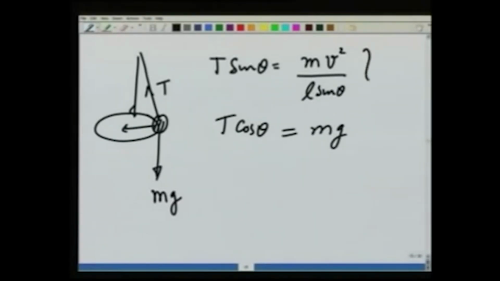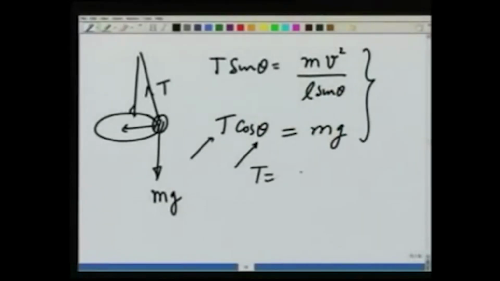We get two equations here, and therefore, we can solve them to get two quantities, theta and tension both, whereas when we are applying dL by dt equals tau, we are getting only one equation. The reason is that when you take cross products, some components drop out.